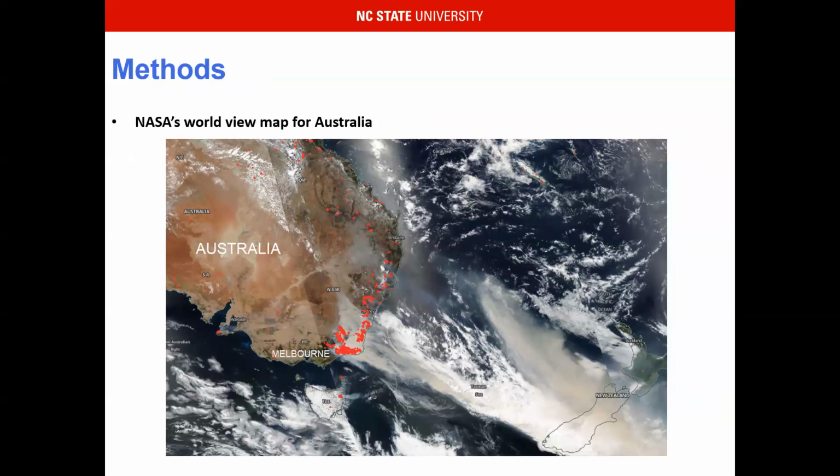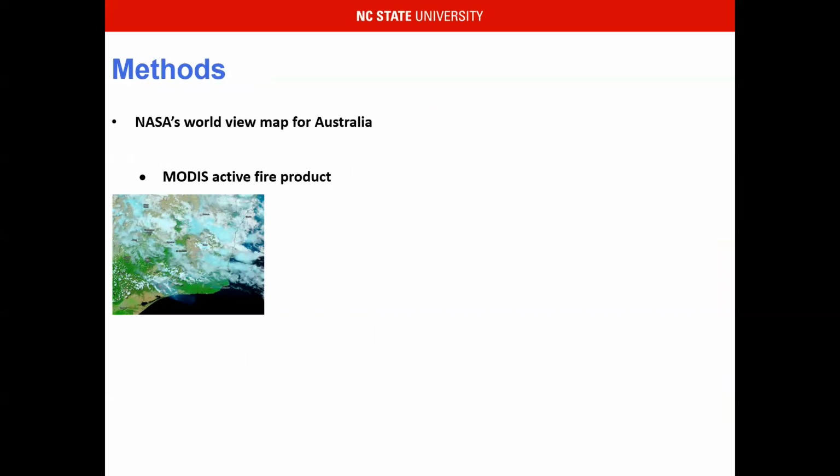NASA's WorldView map contains various parameters to determine burned area. One of them represents burn scars. These burn scars are represented with the MODIS active fire product, which detects fires in 1 kilometer pixels that are burning at the time of overpass under relatively cloud-free conditions using a conceptual algorithm.